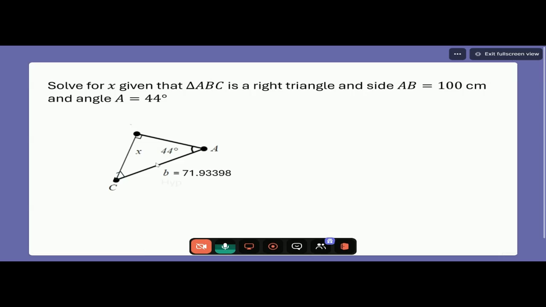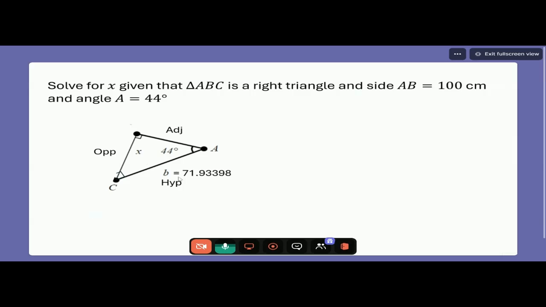Across from it is the hypotenuse. Here's the 44, our reference angle. Across from it is the opposite. And the leftover one is the adjacent. Notice that in the big triangle, this side here was the adjacent, but in this little triangle, that side is the hypotenuse. So things might change around as you work with different triangles.